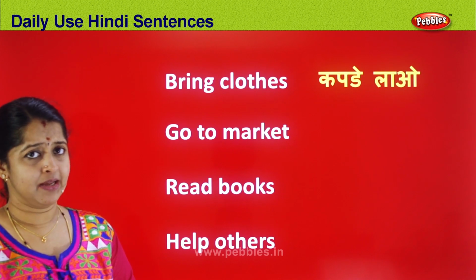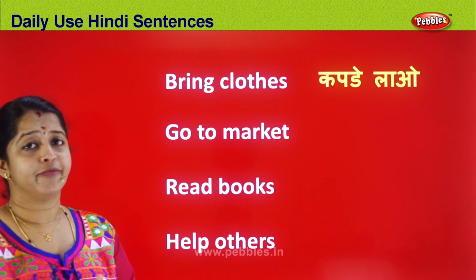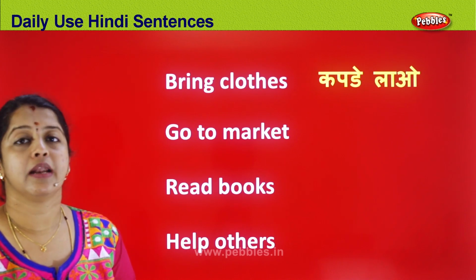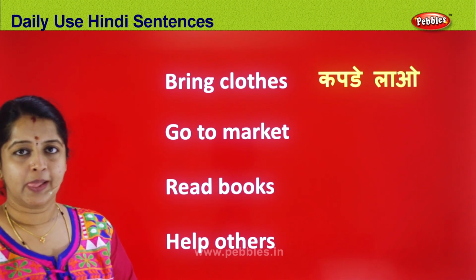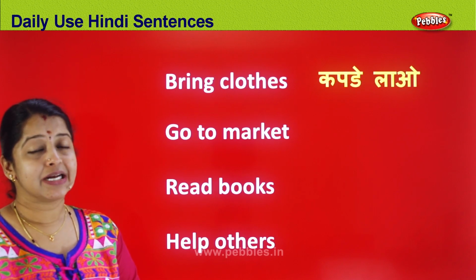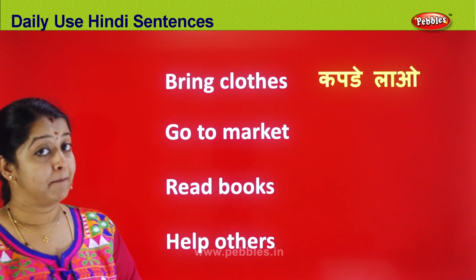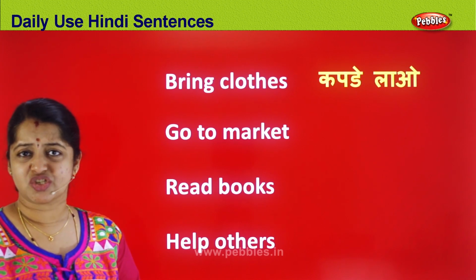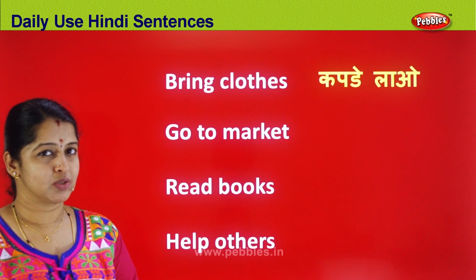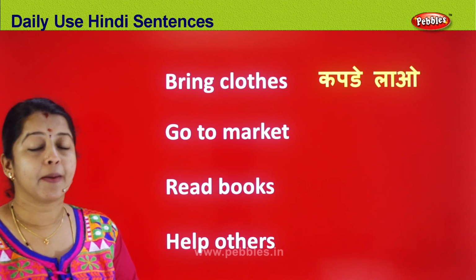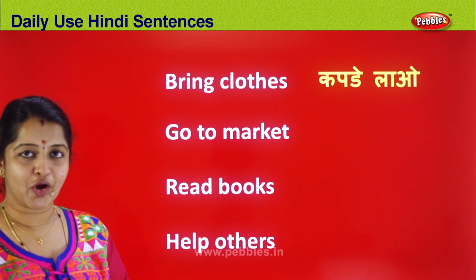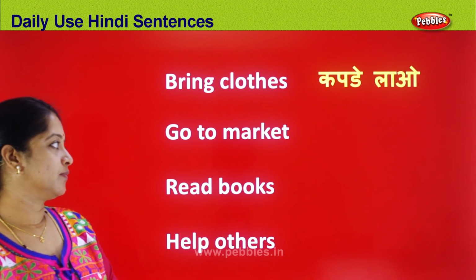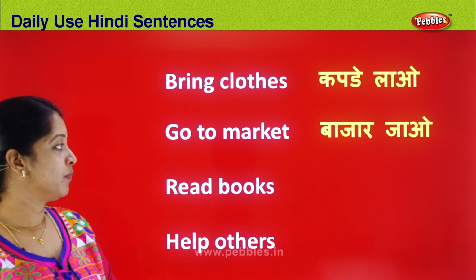I am telling this to my servant. If I say Hira, bring clothes, I would say Hira kapde lao. Okay, if I am asking my son to do that, I would say beta kapde lao. If I am giving this instruction to my daughter, I would say beti kapde lao. All right. So let's see the next one. Go to the market. So how do we say that in Hindi?